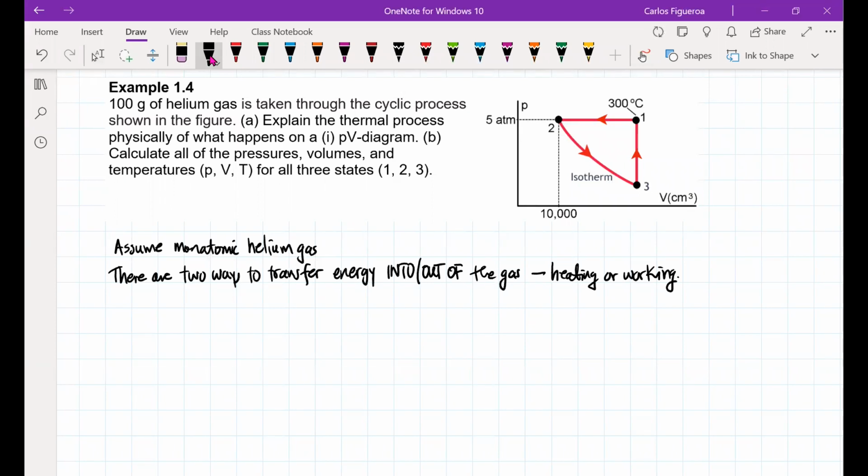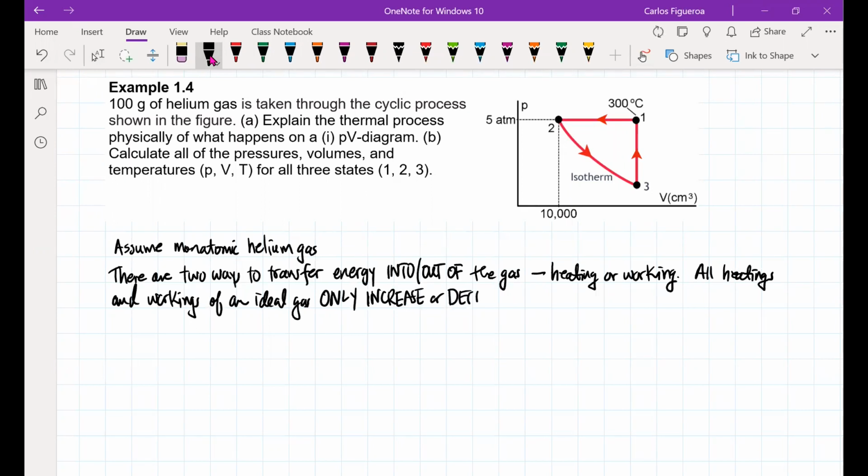So when we say that we do heating and working, all heatings and workings of an ideal gas only increase or decrease the kinetic energy of the gas particles.